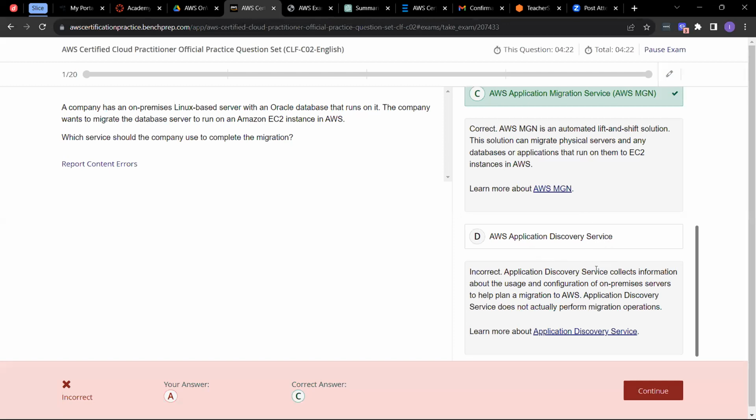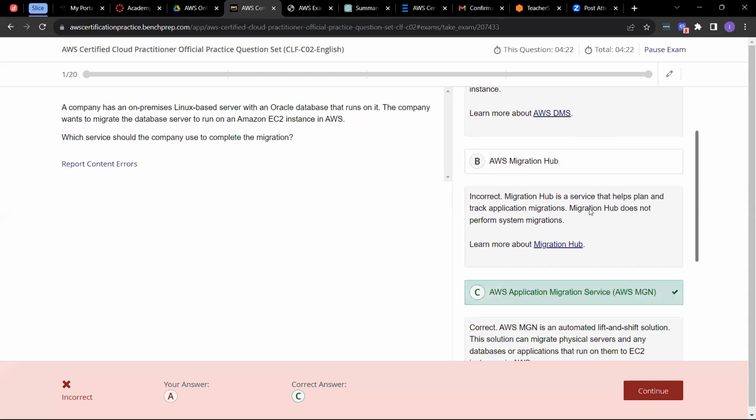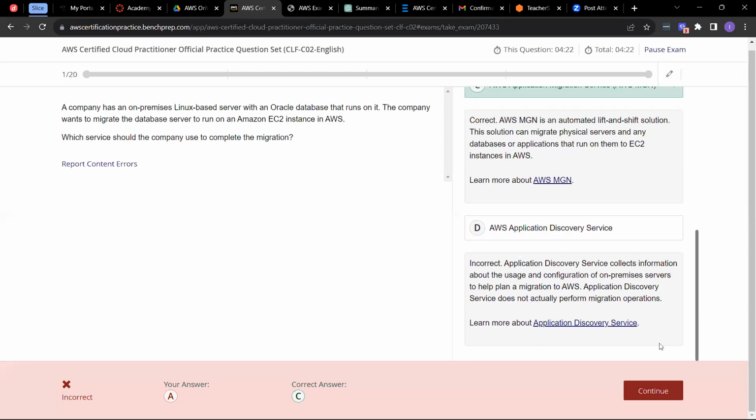And Application Discovery Service collects information about the usage and configuration of on-premises servers to help plan a migration to AWS. Some of these services can be put together, so it makes sense.